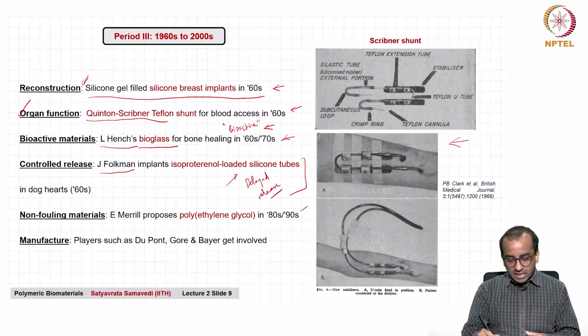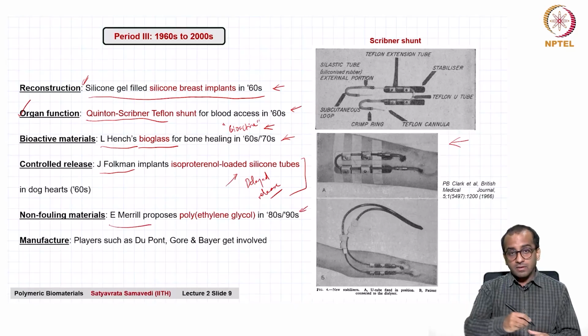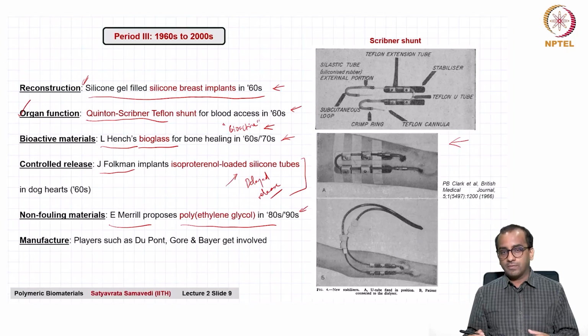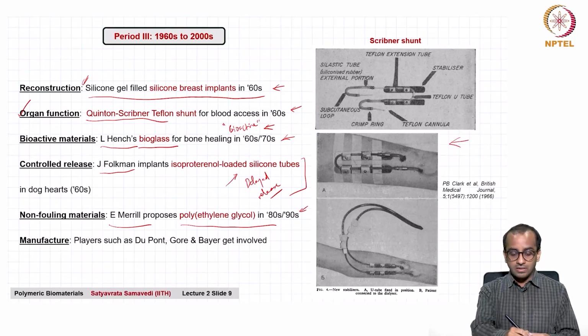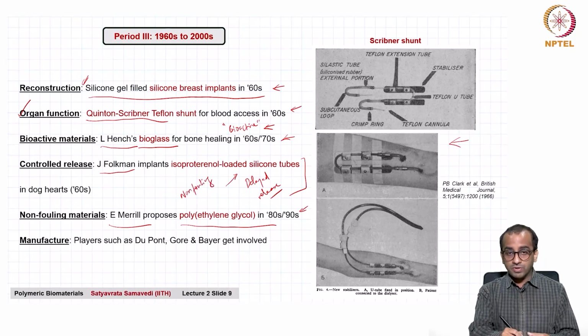Then in the 80s and 90s, we look at Merrill and co-workers who propose polyethylene glycol, which is another polymer for multiple applications. One application that became important and is still important today is this idea of using them to create non-fouling surfaces.